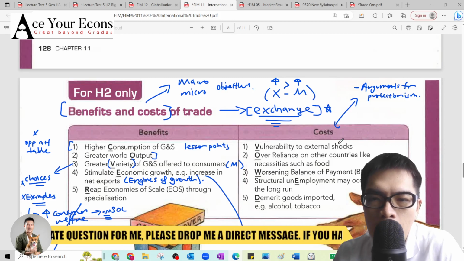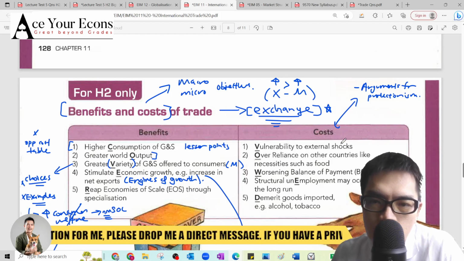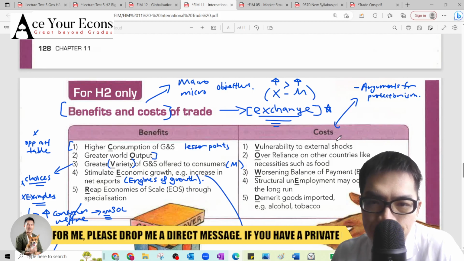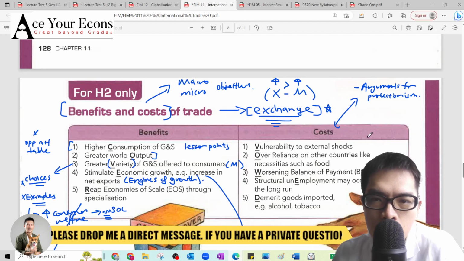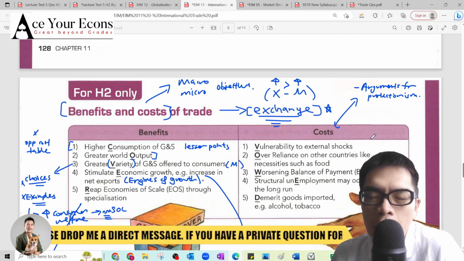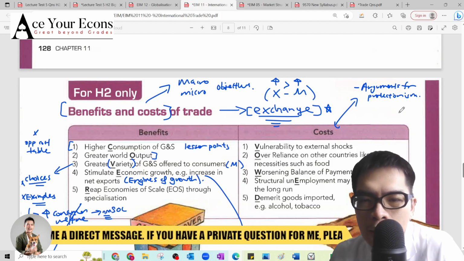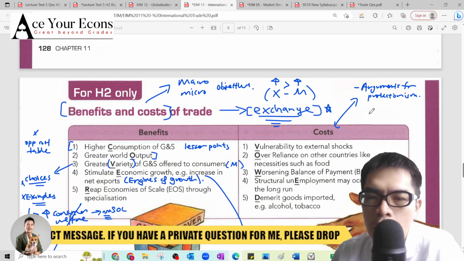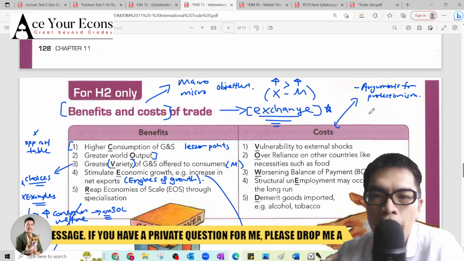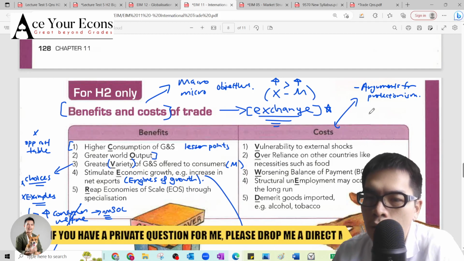Because they may be reliant on trade, especially countries where X minus M is a huge component. When you're reliant on other countries and they experience an external shock, when there's a foreign recession, this is going to affect you through a fall in trade volume, especially exports to the rest of the world.